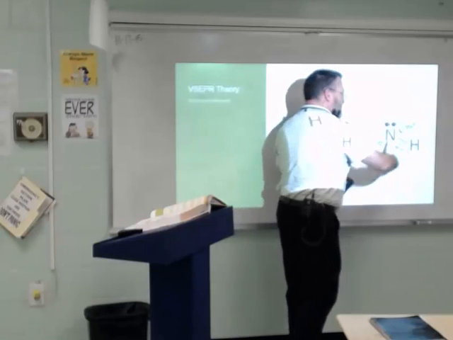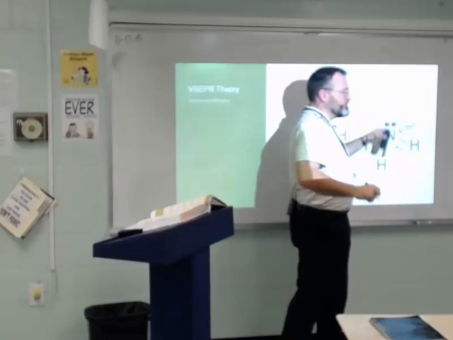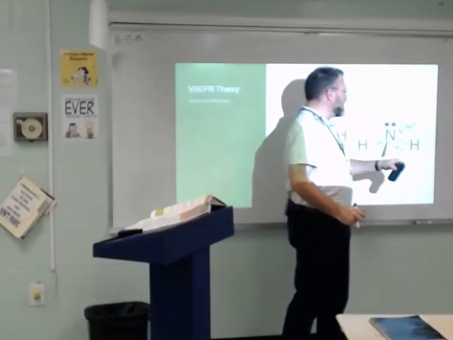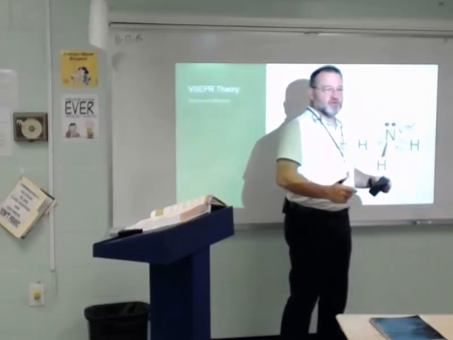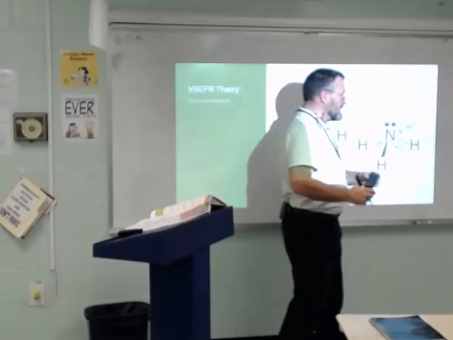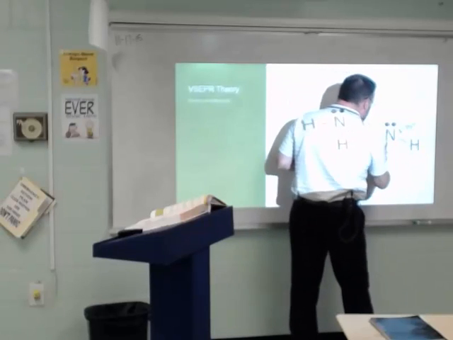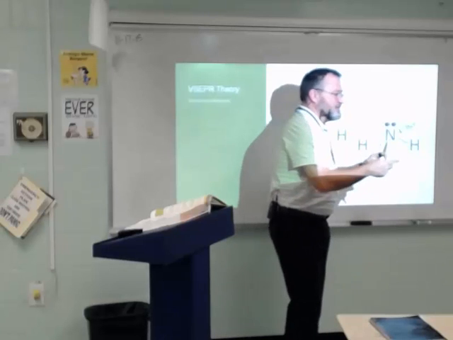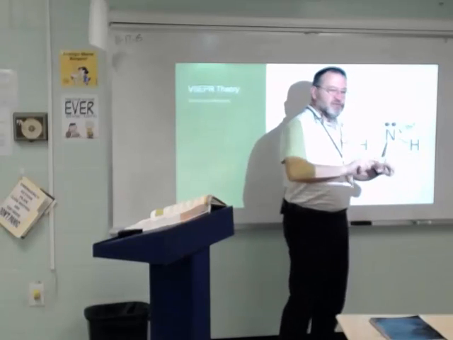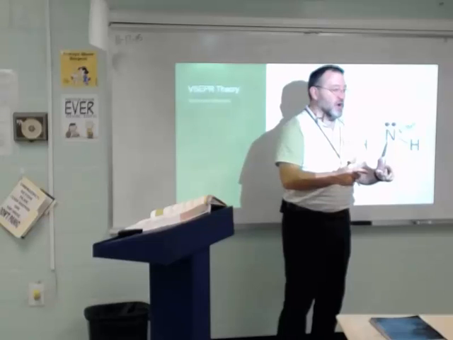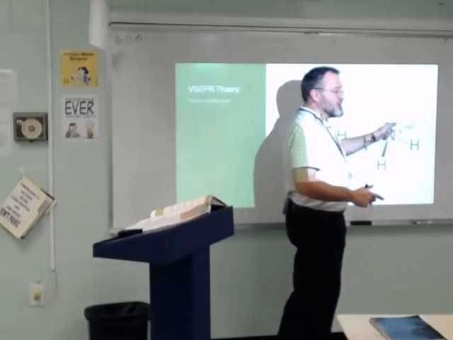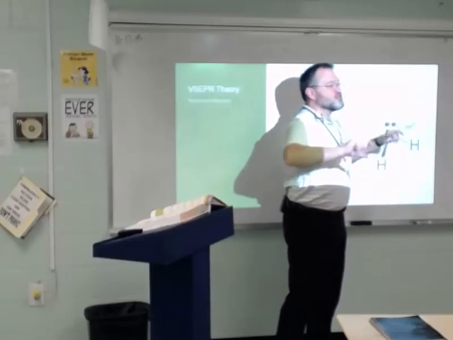And the remaining 3, because they're all being pushed down by this pair harder, what are they going to do? Are they going to go farther apart or closer together? Closer together. So the resulting angle between these bonds is going to be less than 109 degrees. Why? Because the push away from this unbonded pair is greater than 109 degrees.